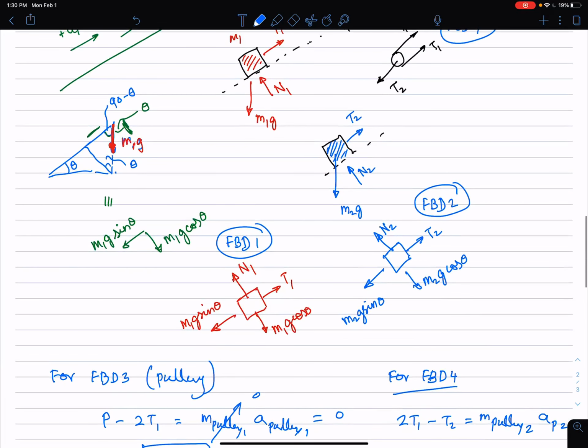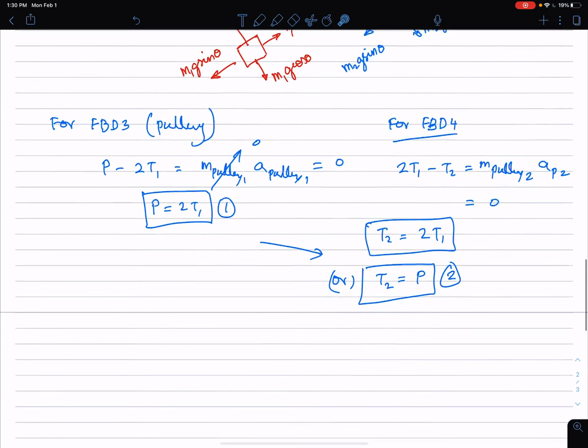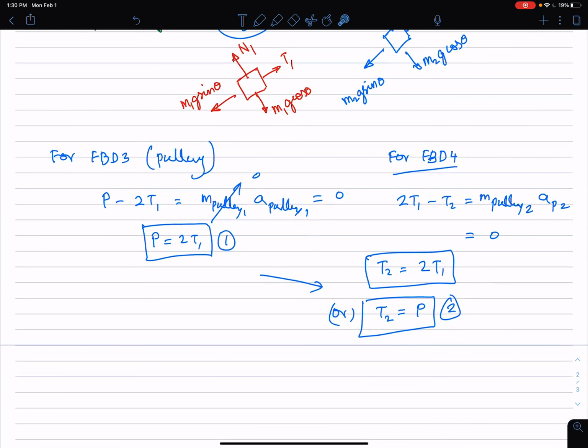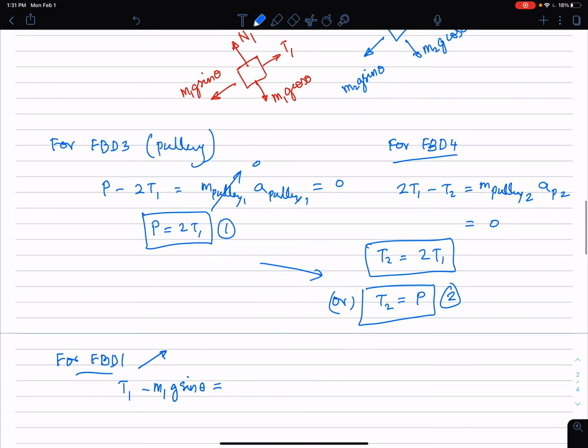Okay, so now we can write expressions for FBD1 and FBD2. So we have, let me just keep those pictures in there. So for FBD1, we have T1, so upslope, T1 minus M1G sine theta equals M1A1.